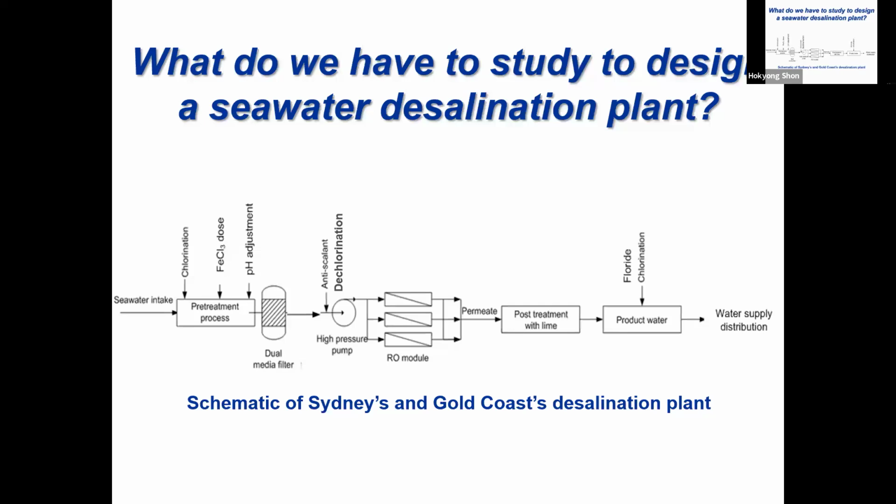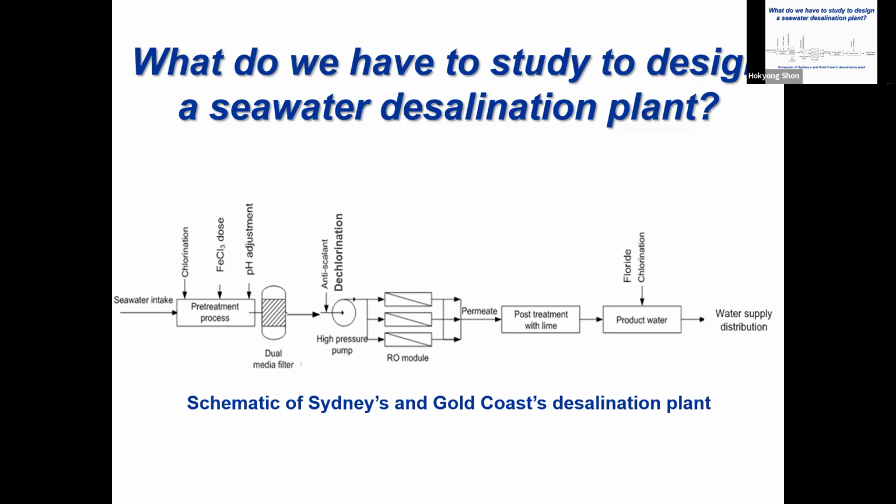assignment 3. So let's go a little bit more specific so you can have a better understanding how to design a desalination plant. So this is the flow diagram, how you can design your desalination plant. So how the seawater is flowing to your plant.